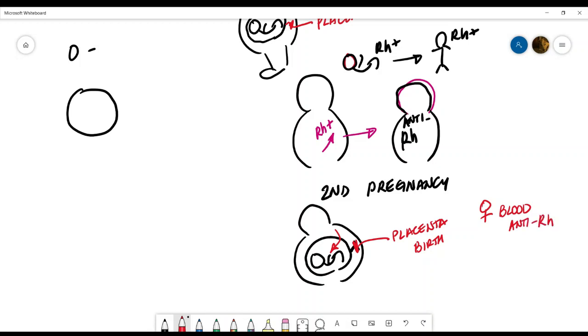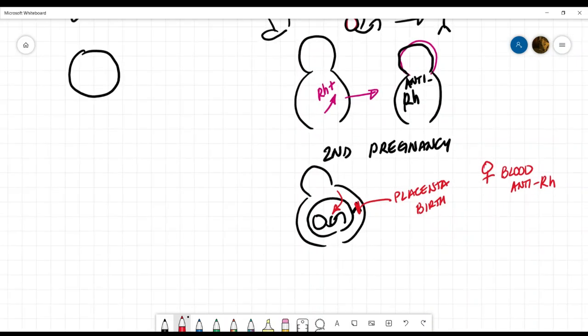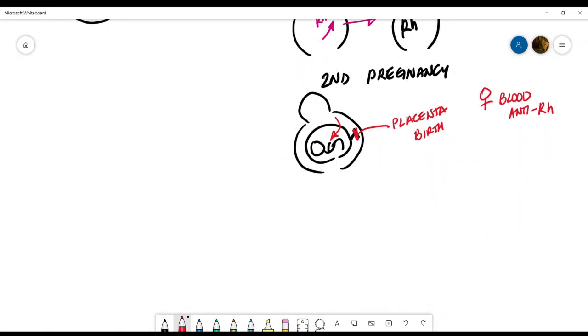So when the antibody for Rh enters the child, the child is born normally within the first couple of minutes, and inside the body of the child is circulating antibody for Rh.